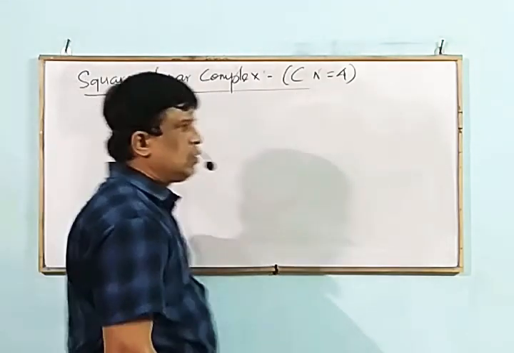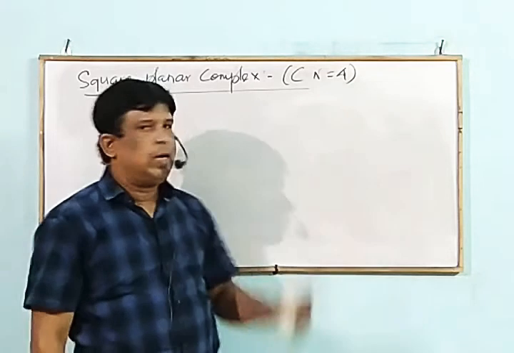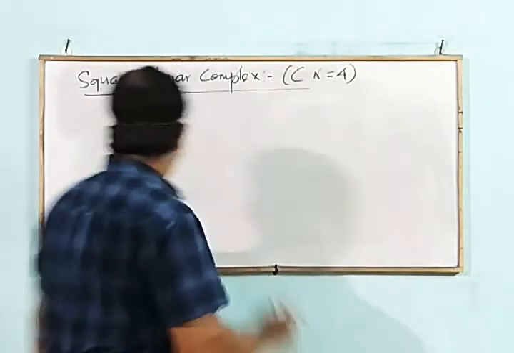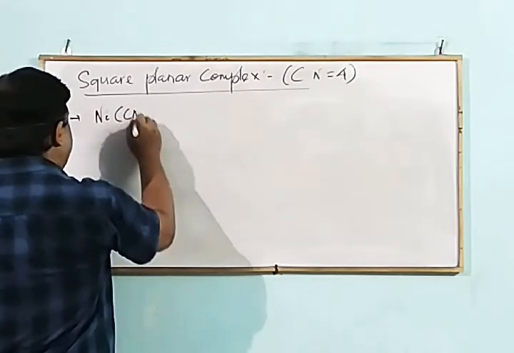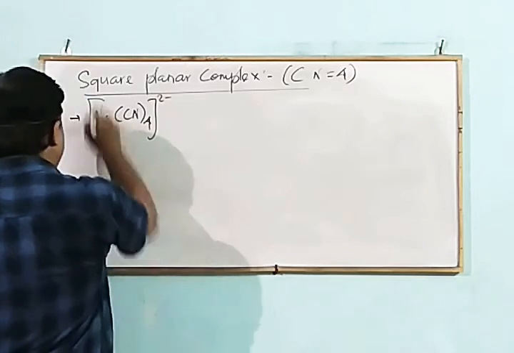Let us discuss by giving one suitable example of a complex having C dot N 4 and square planar geometry. The example is [Ni(CN)4]2- ion.